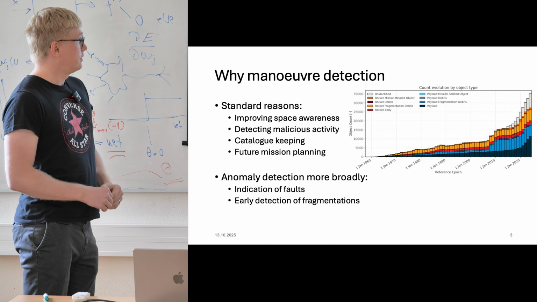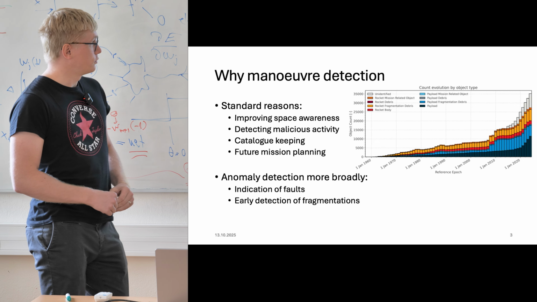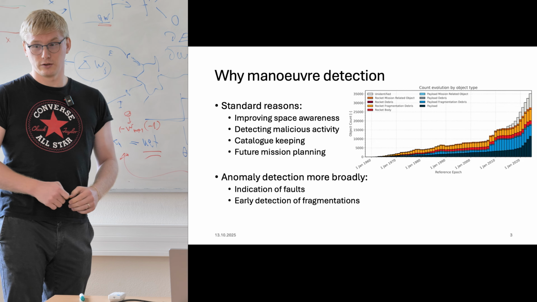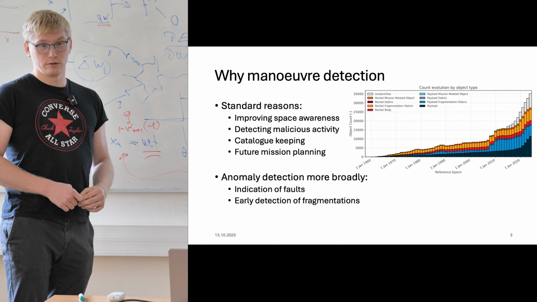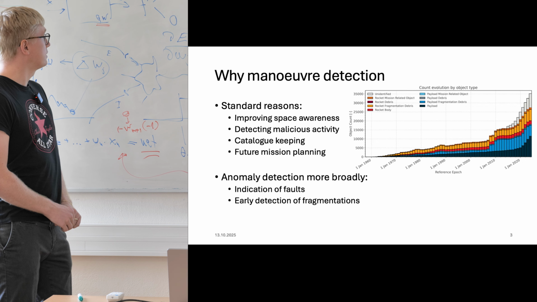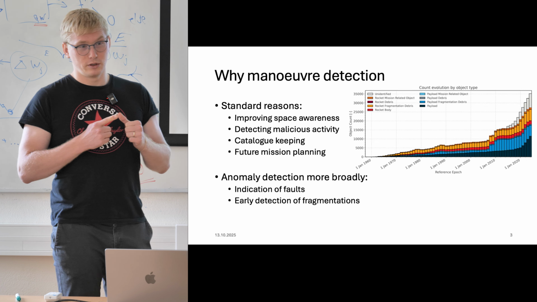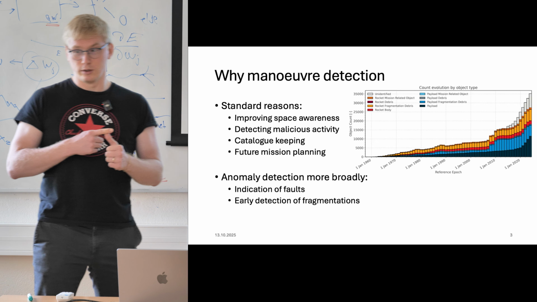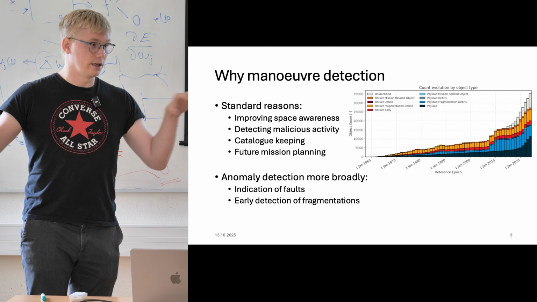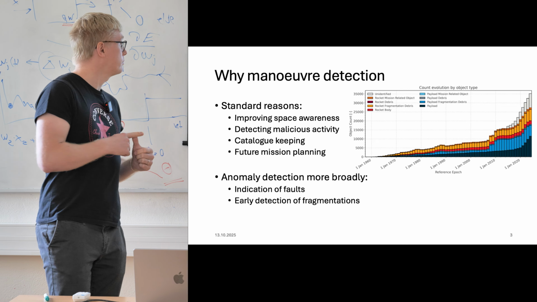And as you can see, the growth starts to grow exponentially, which is mainly due to the presence of debris, which is fragmenting and congesting the orbits. So the reason why we need to detect maneuvers is to have awareness, which is necessary for the people that are operating, awareness of the other objects and what they are doing, which is necessary for the people that are operating maneuvers.